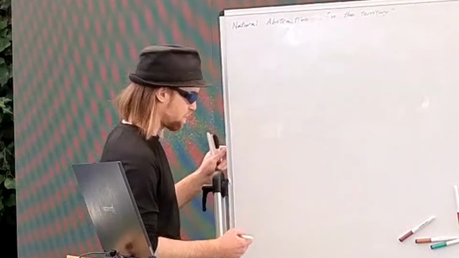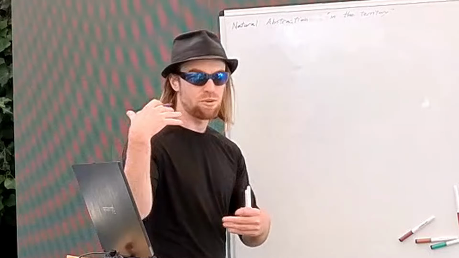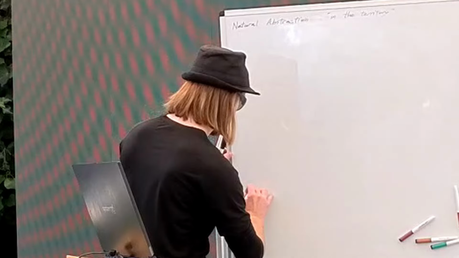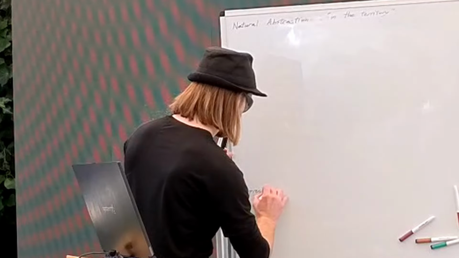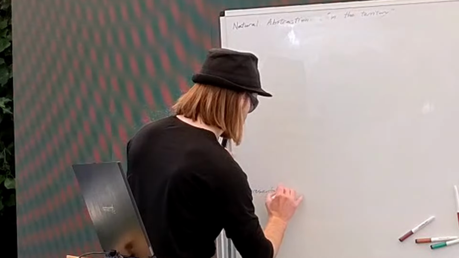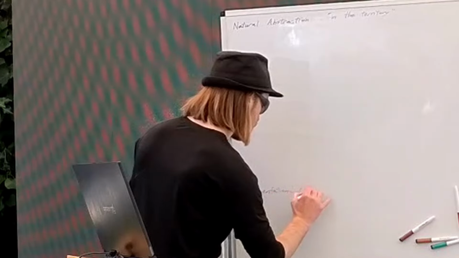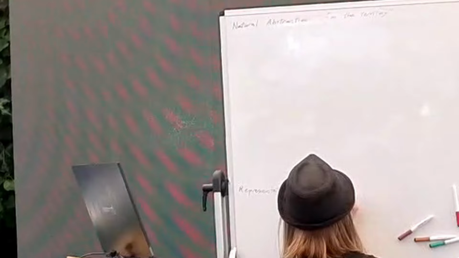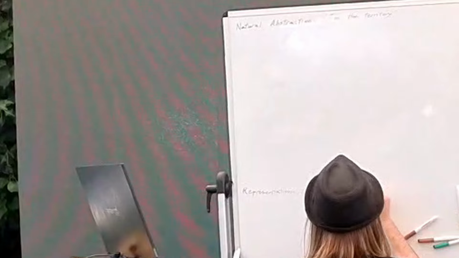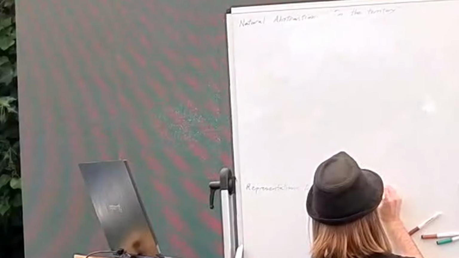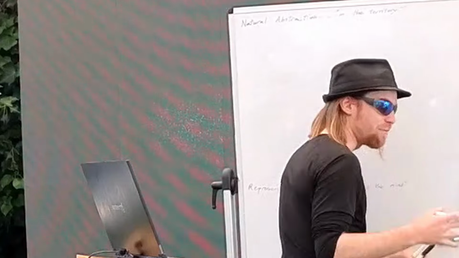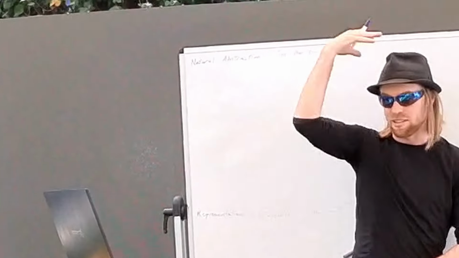Then the next chunk of things is going to be about representations and embedding. And this category is in the mind, whereby in the mind, I mean in the physical stuff that is operating as, right, like in your brain.